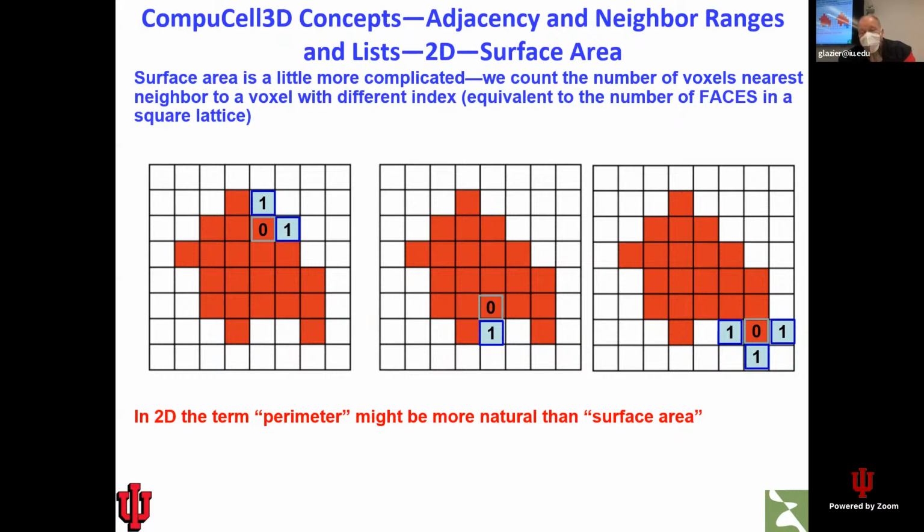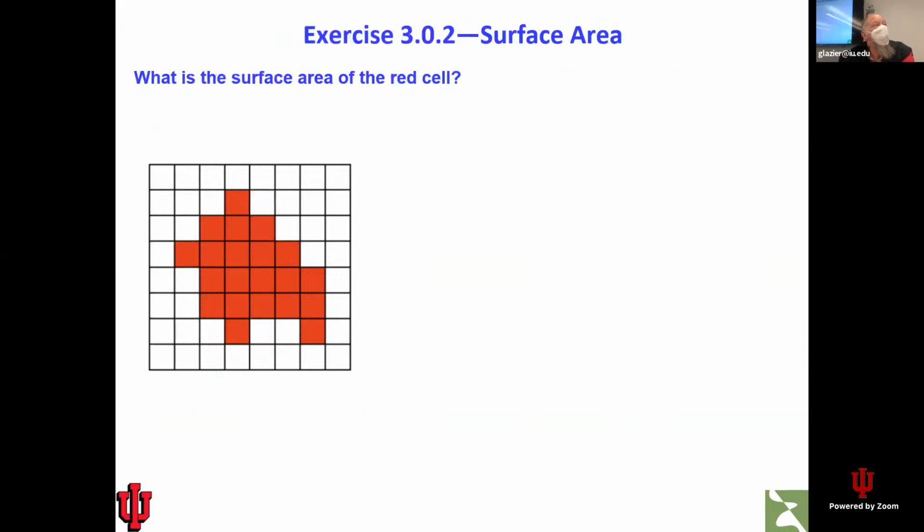And that's life when you use a lattice approach to simulation. Actually, you have some of the same things happen even off lattice, so I shouldn't be too hard on the lattice methods. So our exercise 3.0.2 is: what's the surface area of the red cell, assuming nearest neighbors?